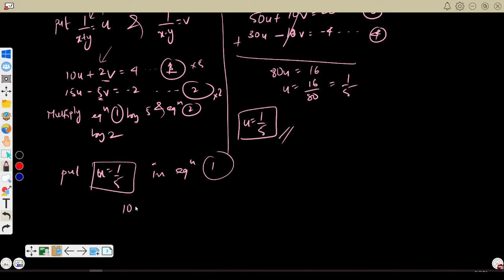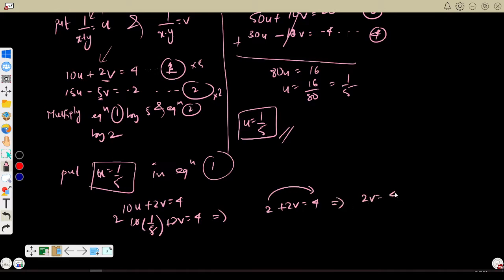The equation 1 was 10u plus 2v is equal to 4. Replace u with 1 upon 5. So 10 multiplied with 1 upon 5 plus 2v is equal to 4. So 5 into 2 is 10, so this will be 2 plus 2v is equal to 4. Shift this 2 to the other side. So 2v is equal to 4 minus 2. So 2v is equal to 2, v is equal to 1.